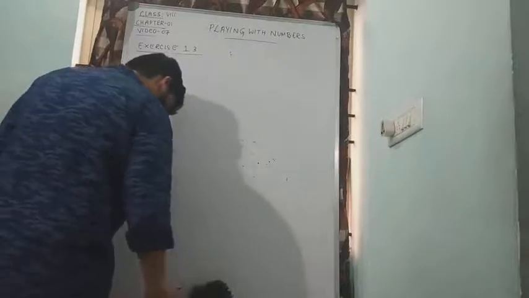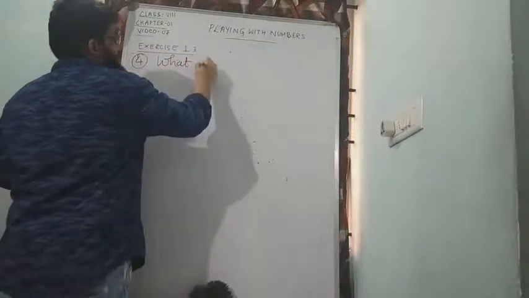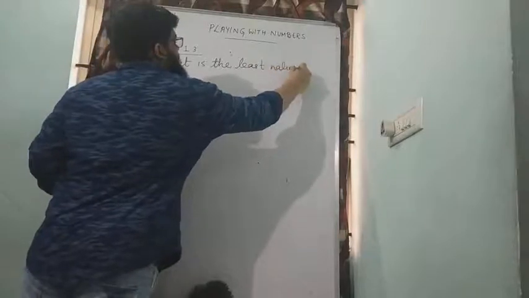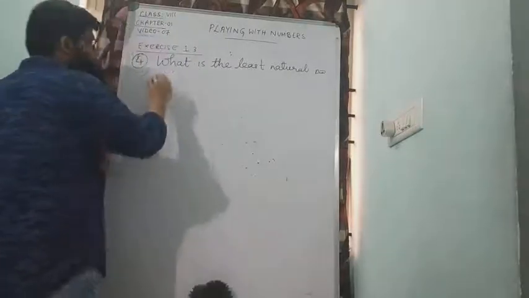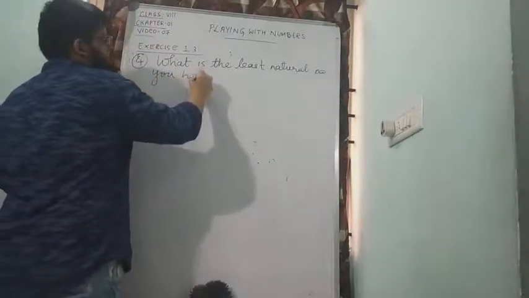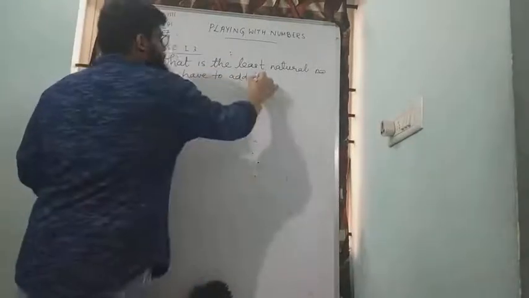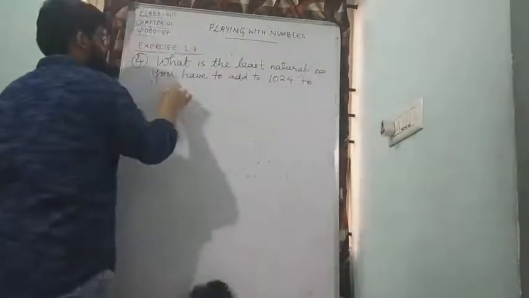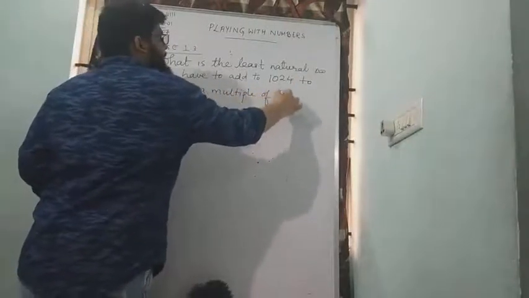So the question is, what is the least natural number you have to add to 1024 to get a multiple of 181.